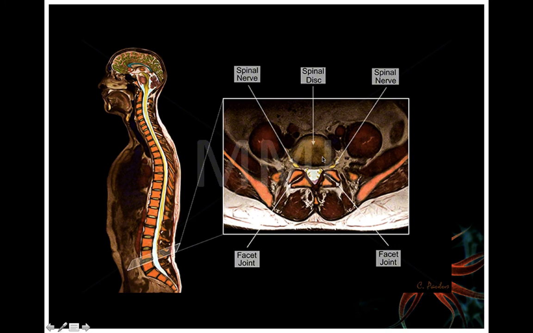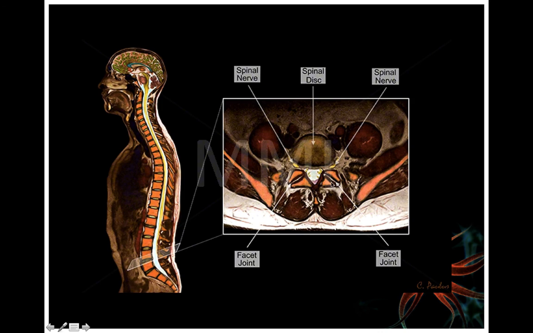I'll explain that a little bit later. And the exit lane, it hugs the facet joint and the pedicle, which is going to be located here. And then next level, it'll go down, go exit. So this is the L4, and these two structures right here are going to be L5 nerves that are getting ready to exit at the next level as it goes down.